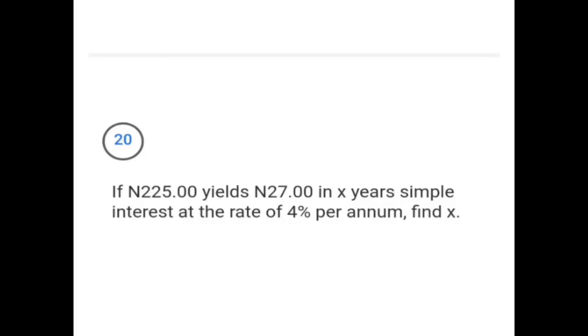Number 20. If 225 naira yields 27 naira in X years simple interest at the rate of 4% per annum, find X. Simple interest is equal to principal times rate times time all over 100. But in a situation whereby we are looking for time, time will be equal to simple interest times 100 all over principal times rate.